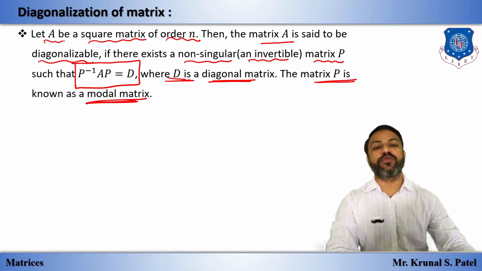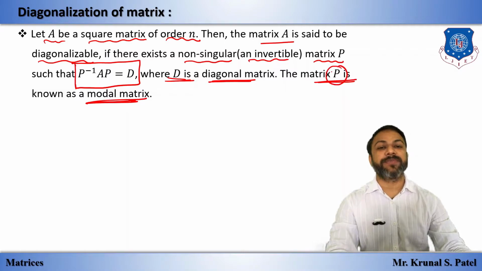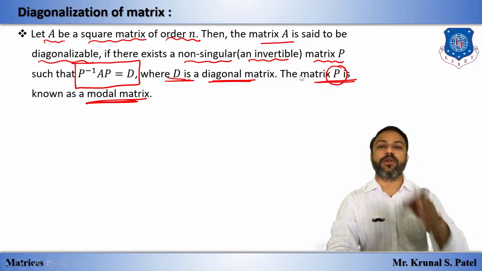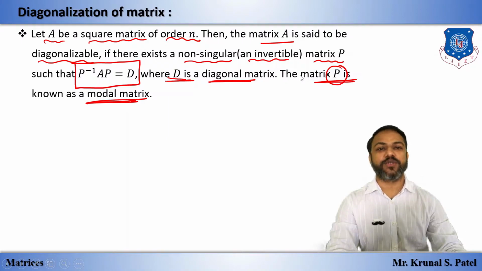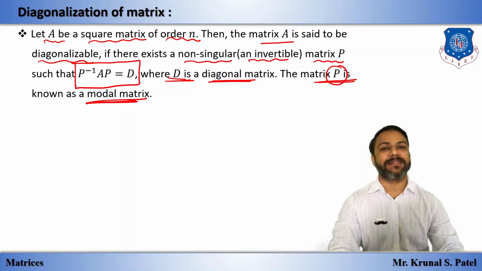This P is formed by writing all the eigenvectors column-wise, so we compulsorily need eigenvectors.